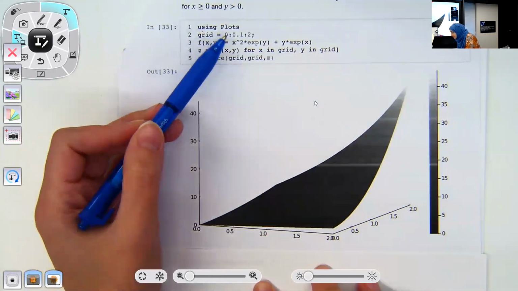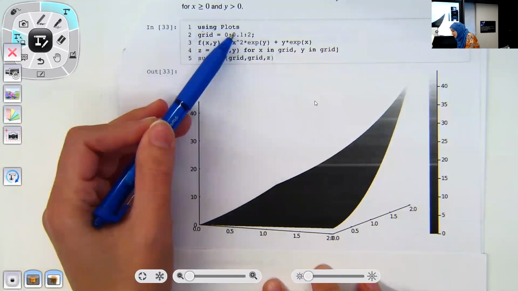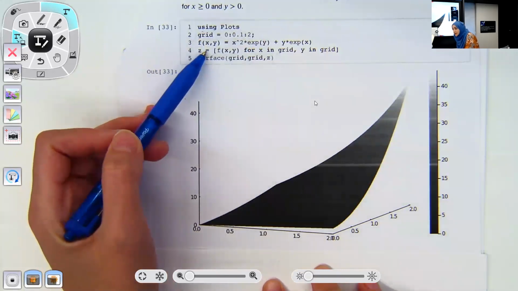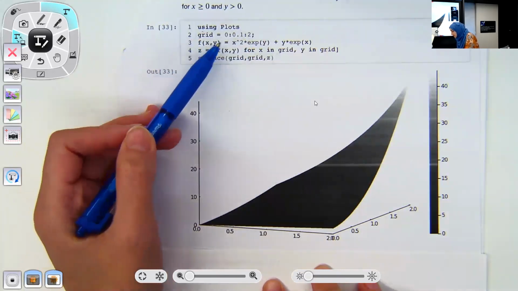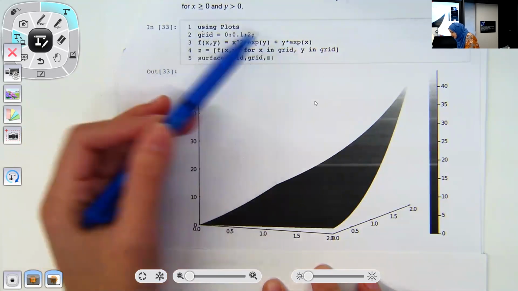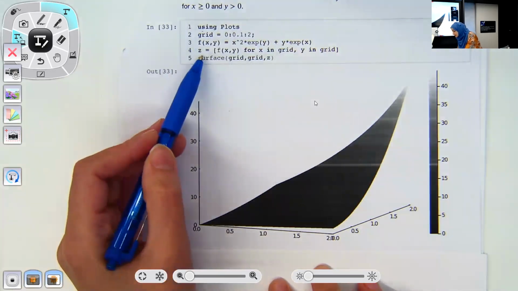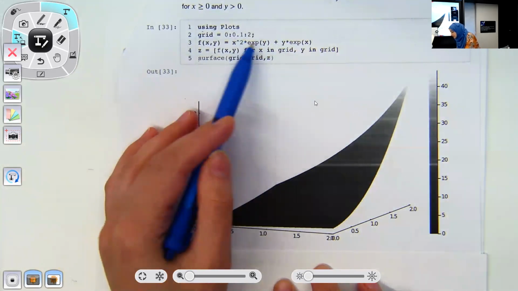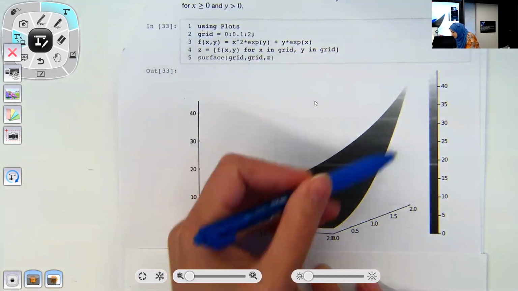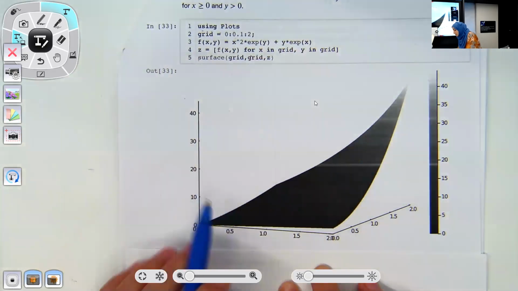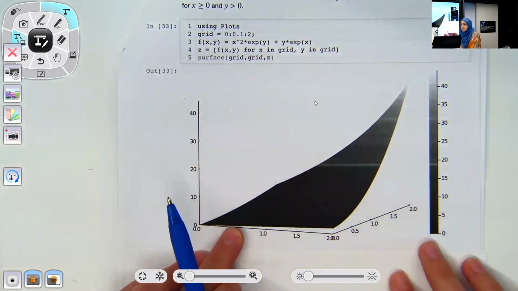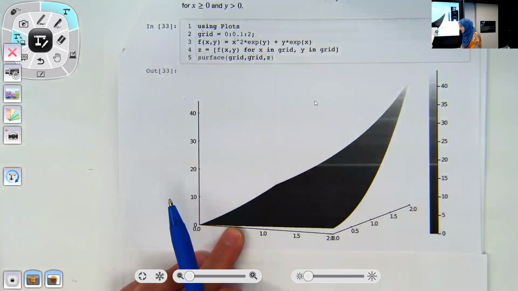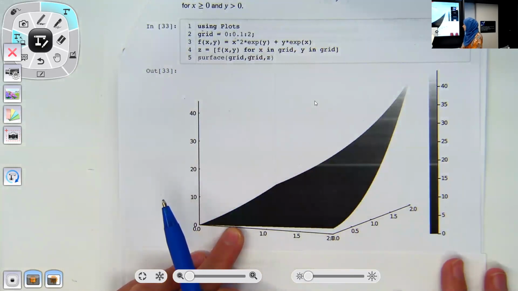We use a grid from 0 to 2, and each step is 0.1, and here we have the function f of x, y. This function is given, and we have z. We use the grid because we need to split it and plot the curve. If you look at this curve, this is a convex function. All the time it is going up. This is a convex function. Now we need to find the Hessian matrix for this function as the first step.